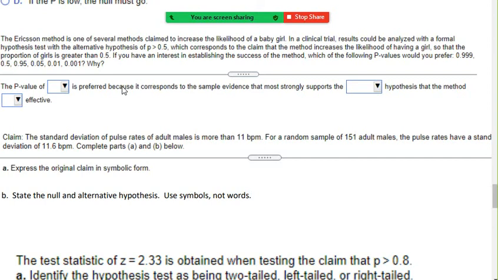Now, if you want to establish the claim here, your original claim that this method is effective, you want that p-value to be as small as possible because the p-value represents the probability of making a type 1 error. And the smaller that is, the smaller the chance that you've made a type 1 error, which is rejecting the null hypothesis when it's true.